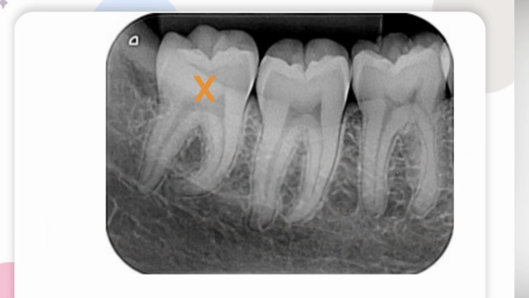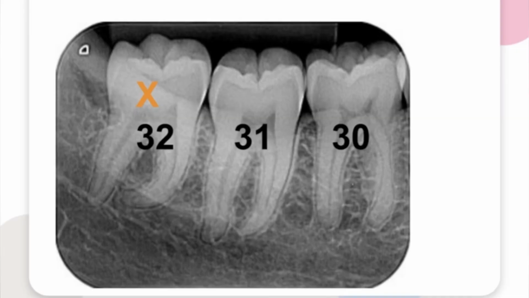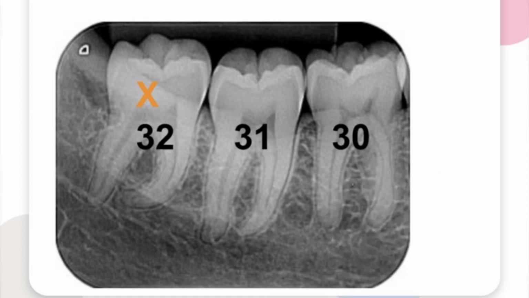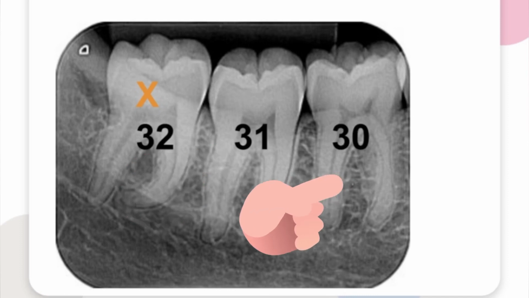So that was another indicator, another landmark that we could have referenced, okay? Looking at these 3 molars, what is the very last molar in the fourth quadrant? Yep, you guessed it, tooth number 32. And because there is nothing distal, we have to reference the tooth anterior to tooth number 32, which is going to be tooth number 31. And then after that, you've got tooth number 30, which makes the 3 molars, okay?